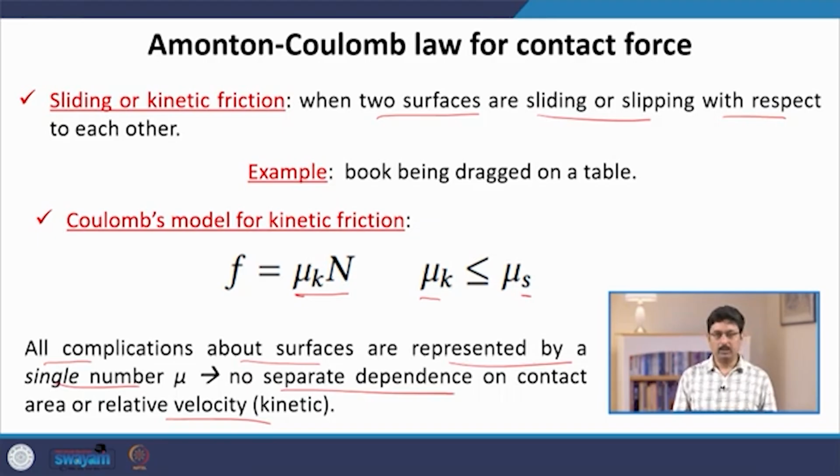So, to summarize, I reviewed Coulomb's law of friction, and there are 3 points that I highlighted when I did the critical review. First is that the frictional force can be anything between 0, the minimum value, and the maximum value mu times N, and it is a self adjustable force, its magnitude can vary within this range.